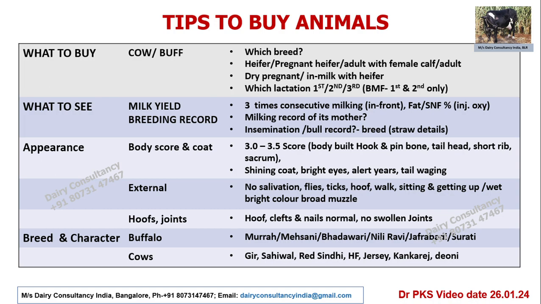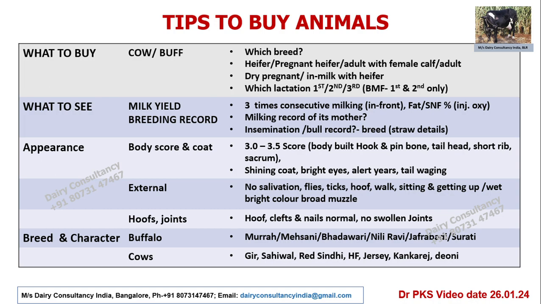You have to decide which of these stages you are going to buy. And which lactation: first and second lactation is the requirement for the BMF. But if you are buying for any other farm which is not the BMF, then a third lactation animal can also be bought.